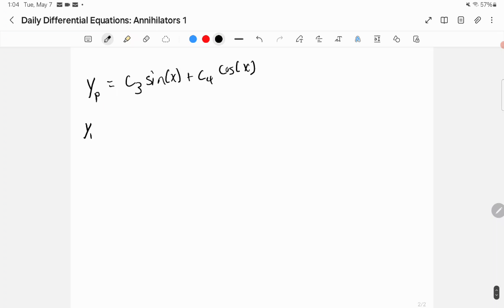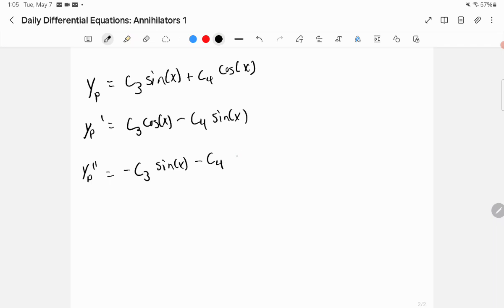And that means yp prime is going to be c3 cosine of x minus c4 sine of x, and yp double prime is going to be minus c3 sine of x minus c4 cosine of x.